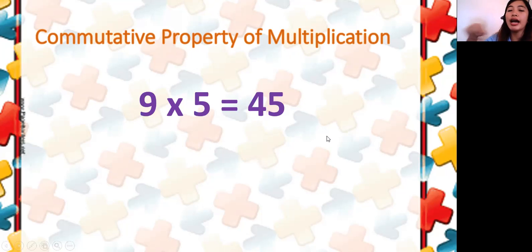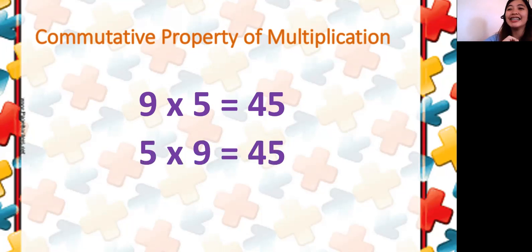Let's have another one. I have here 9 times 5 equals 45. Let us write this one the other way using the commutative property of multiplication. Any guess? Very good, that's right. It is 5 times 9 equals 45. Great job. Once again, what is changing in the commutative property of multiplication?